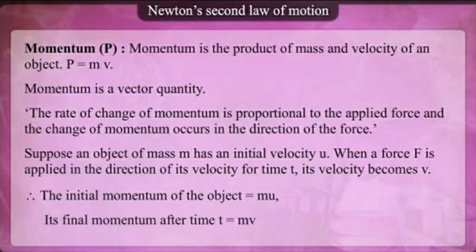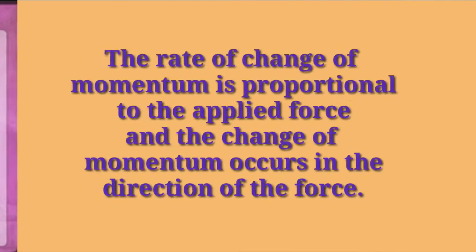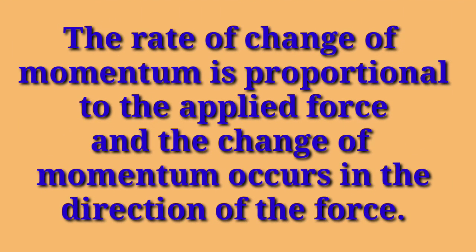Why is it said to be a vector quantity? Because it has magnitude as well as direction. So Newton's second law states that the rate of change of momentum is proportional to the applied force and change of momentum occurs in the direction of the force. Understood?